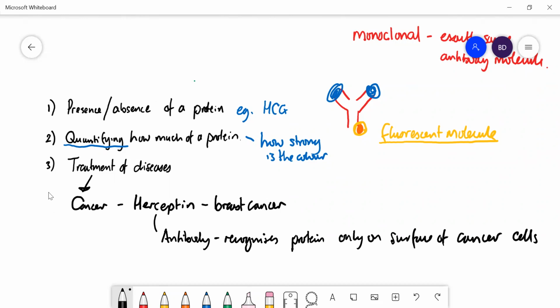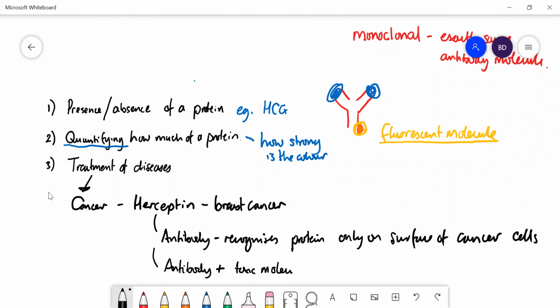Now it's not entirely clear how that ends up in the cancer cell dying, but it does end up dying, and it's probably because it then recruits the rest of your immune system to go along and kill those cells which have been picked out by the antibody. There are other ways of doing it. Sometimes they don't just give an antibody; they give an antibody to something found on a cancer cell plus a toxic molecule.